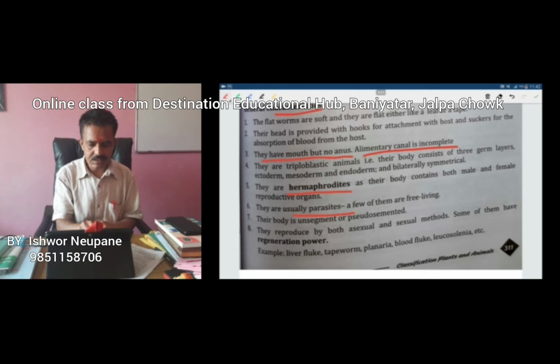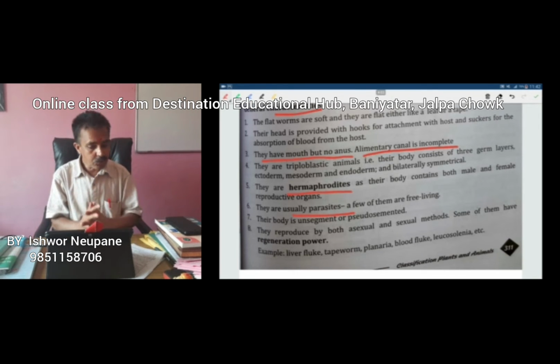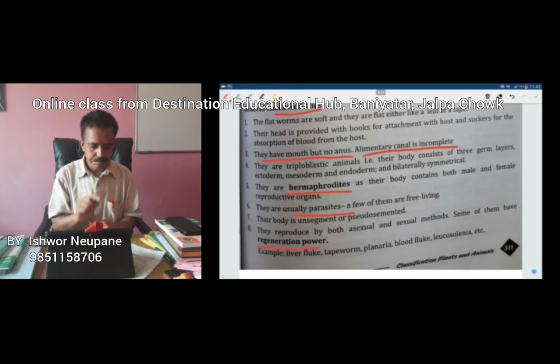Next important characteristic is they have mouth but no anus. It means alimentary canal is incomplete. Then what type of alimentary canal is complete? Having both mouth and anus. Clear?